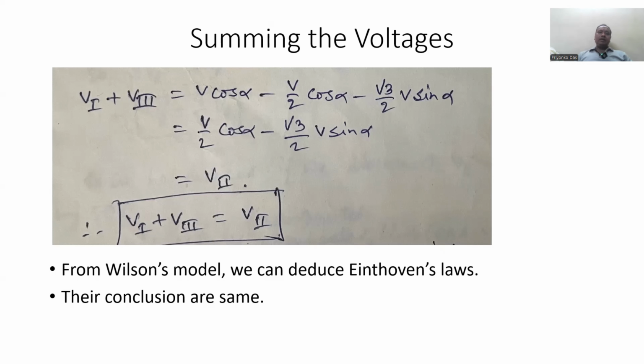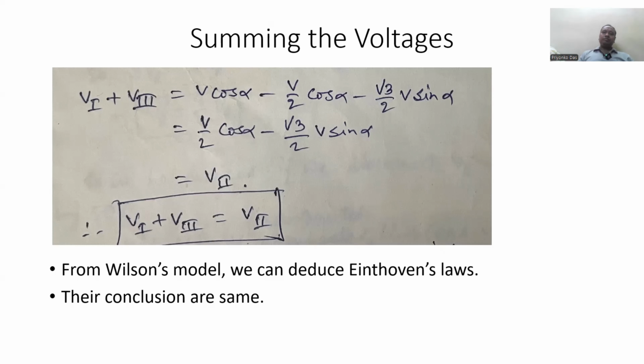As per Einthoven, there was a single dipole inside our body acting at an angle alpha. And as per Wilson, his consideration was that our body is a sphere, and at the center there is a single dipole acting.